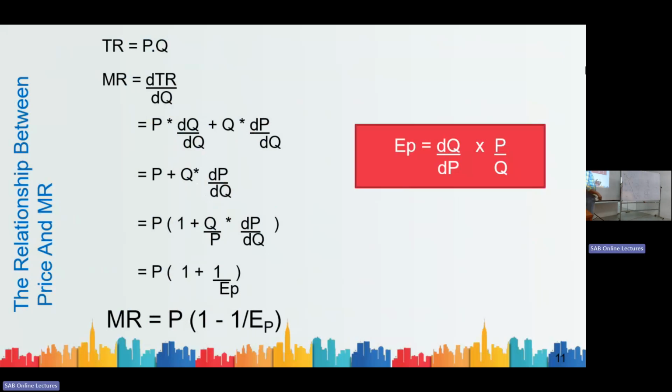So that is why, from this picture, we concluded that when demand is price inelastic, marginal revenue is negative, and we observe that when price is decreasing, total revenue decreases.